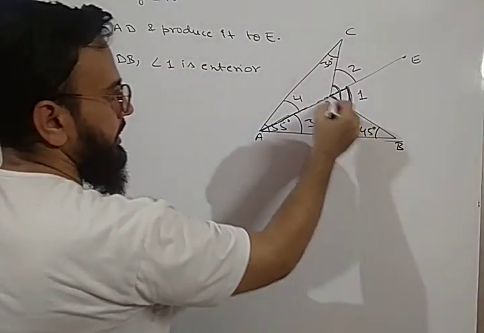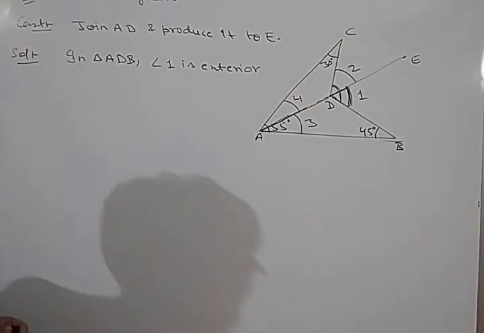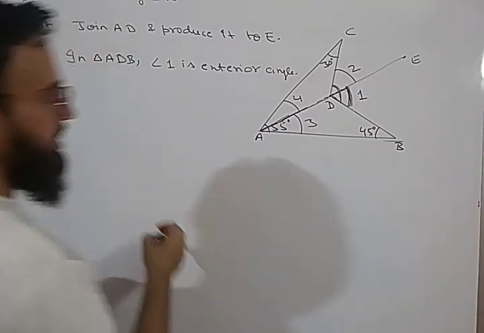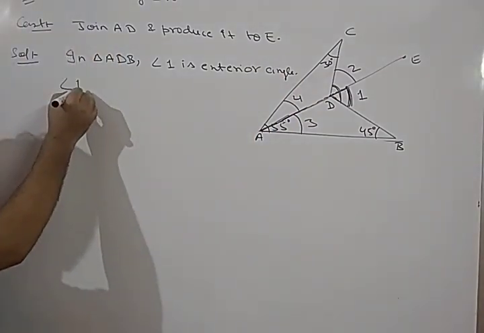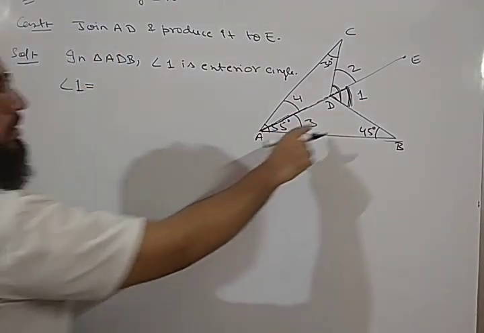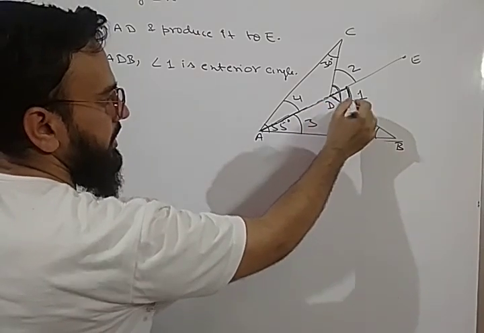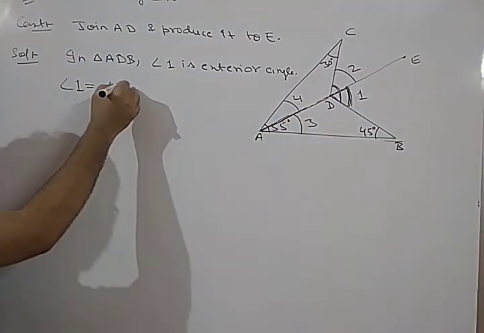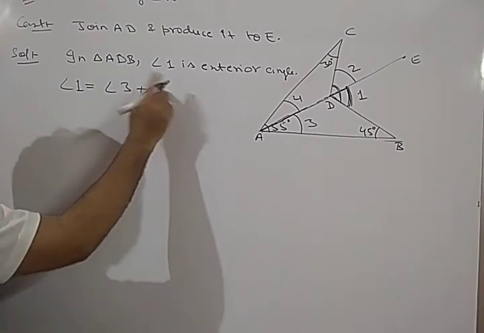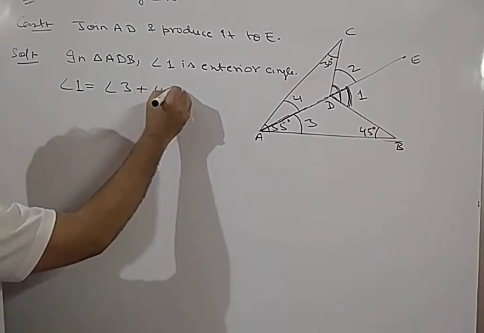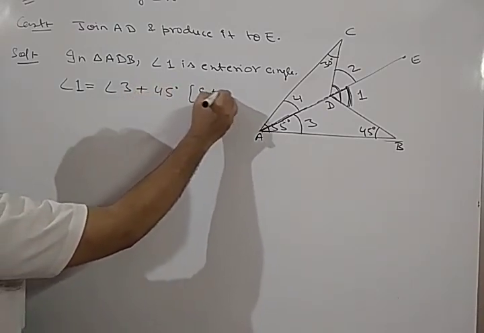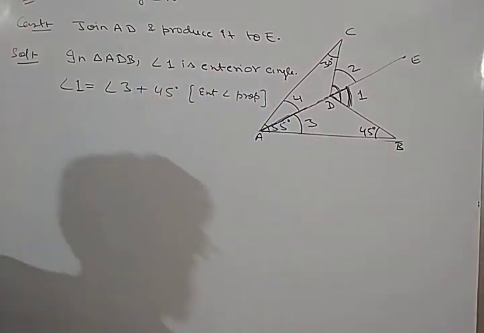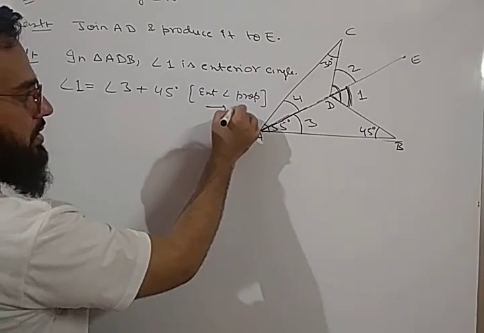In triangle ADB, angle 1 is exterior angle. So by using exterior angle property, the opposite interior angles are 3 and 45. So we will get angle 1 is equal to angle 3 plus 45 degree by exterior angle property. Let us consider this as equation number 1.